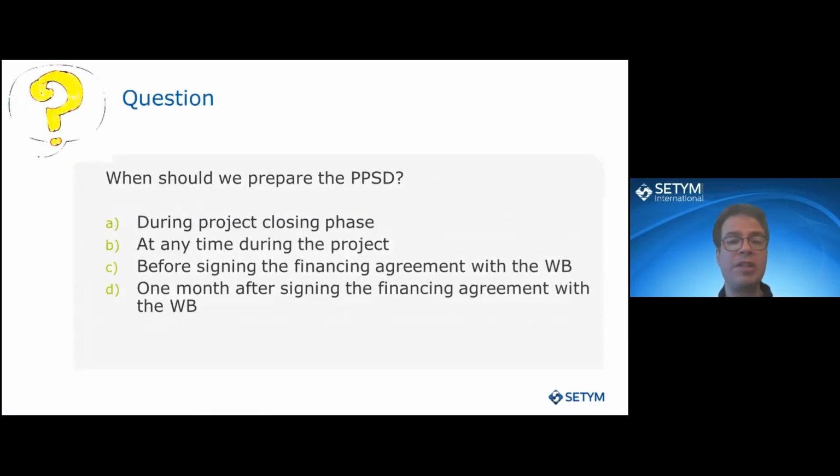Another question, this one is multiple choice. When should we prepare the PPSD? Is it A, during project closing phase, B, at any time during the project, C, before signing the financing agreement with the World Bank, or D, 1 month after signing the financing agreement with the World Bank?